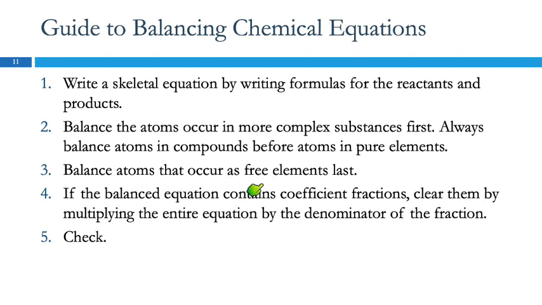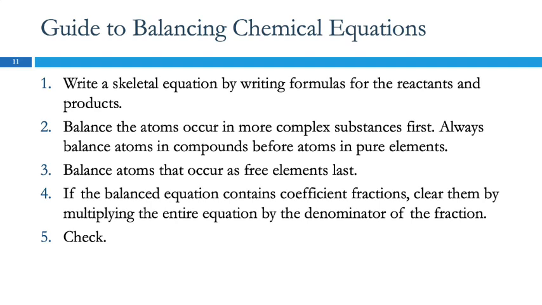Balance anything that occurs as a free element last. Depending on how you go about this, you can end up with coefficients that are fractions. So when we have it balanced, we need to clear the fractions by multiplying by the denominator. And then you always want to check and make sure that your balancing is correct.